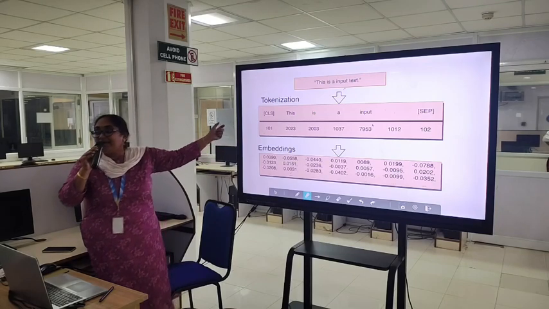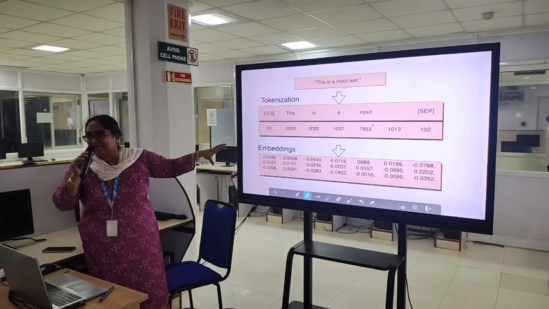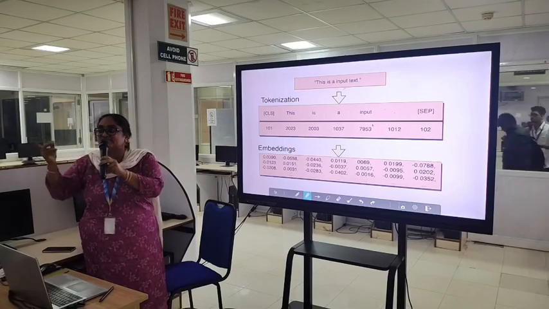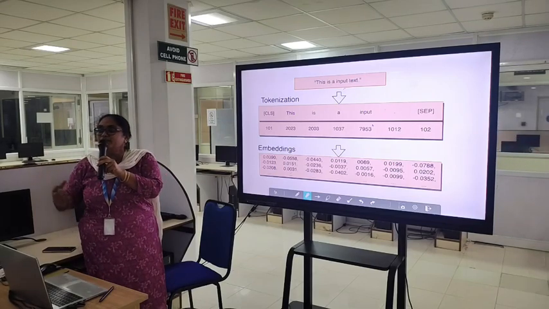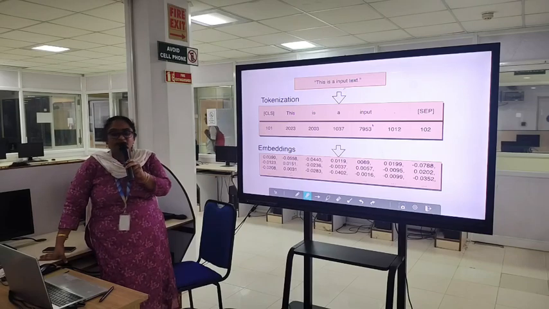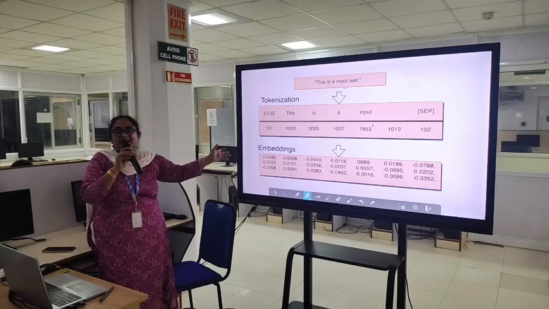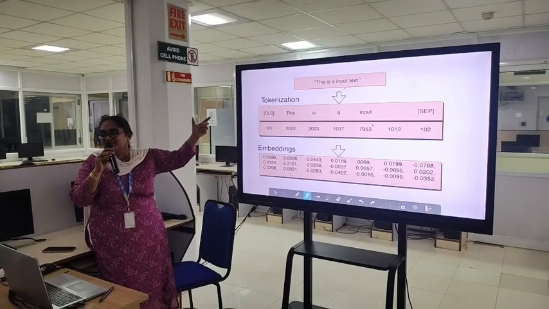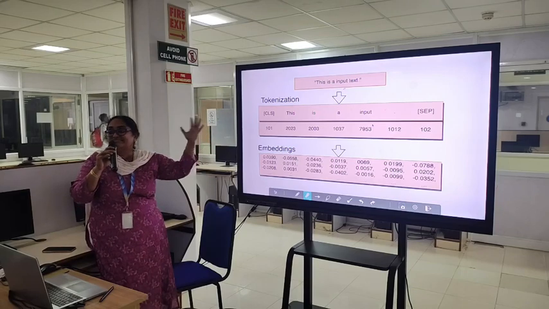The beauty of word embeddings is that the semantics is also captured. If there is one word called king and another word queen, whenever I give an embedding, you will understand how king and queen are related. You will be able to understand the meaning of it.